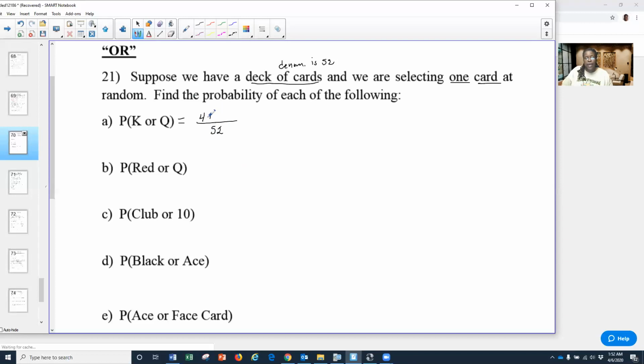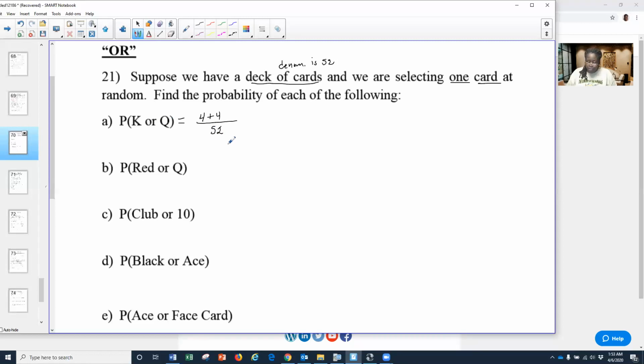Then we're going to add the probability of us getting a queen. How many queens do we have? We have 4. So that would be 4 out of 52. Now remember, that one card could either be a king or a queen, right? So we have 4 chances of it being a king or 4 chances of it being a queen.